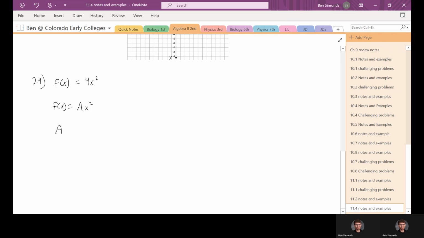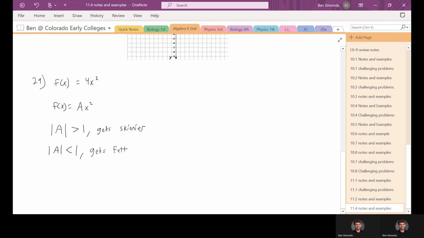If the absolute value of a is greater than 1, then it gets skinnier. If the absolute value of a is less than 1, so if it's some sort of fraction like 1/2, -1/2, -3/4, whatever, if it's smaller than 1, it gets fatter.